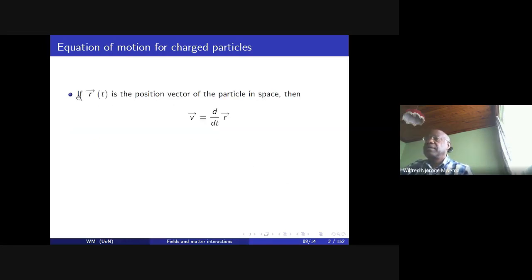Now, if r is the position vector of the particle in space and is changing with time, then the velocity is just given by d/dt of r, and under non-relativistic motion, m is going to be equal to a constant.